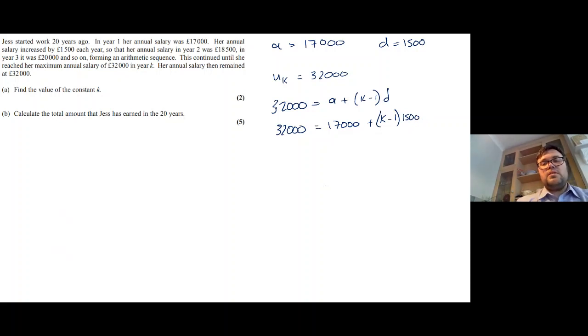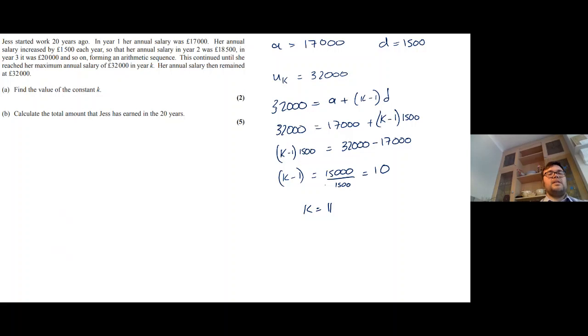You rearrange this so that you have K minus 1 times 1,500 equals 32,000 minus 17,000. So K minus 1 equals 15,000 divided by 1,500, which is equal to 10. So K is equal to 11.